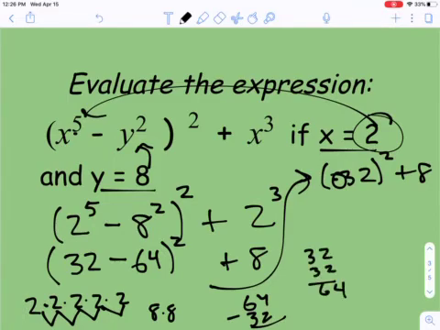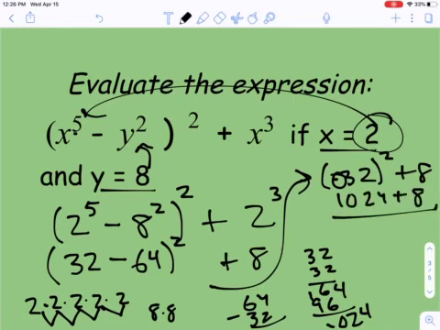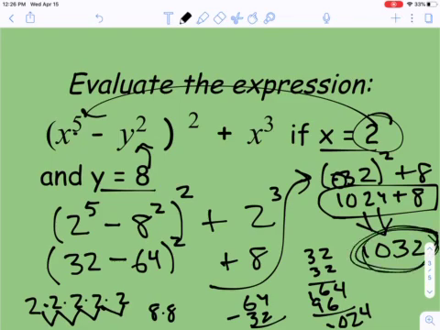That gives us 1024. So we have 1024 plus 8, and when you add that up, that gives us 1032 for our final answer. All right, good luck with these.